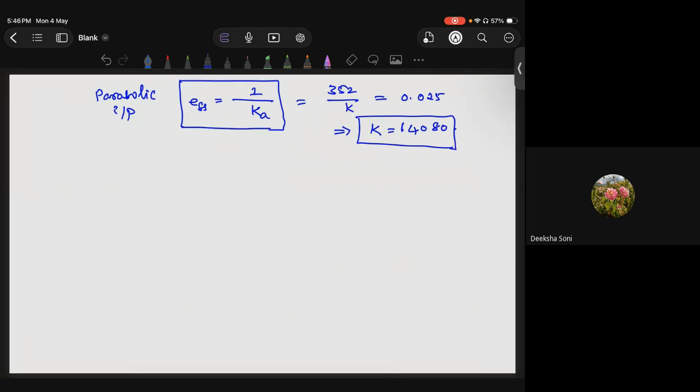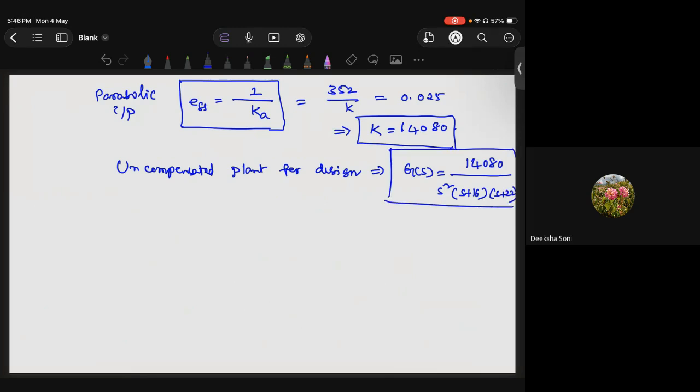Then our uncompensated plant for design would become G of s equal to 14080 by s square multiplied by s plus 16, s plus 22.